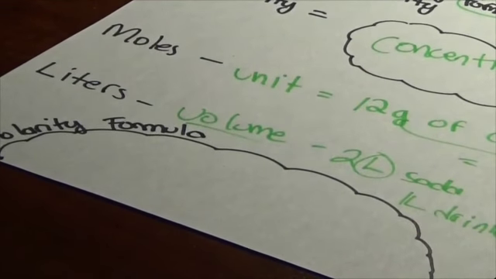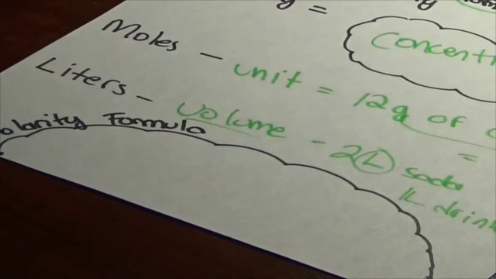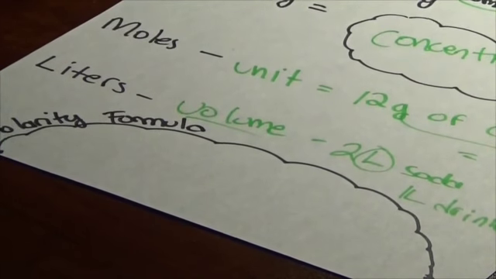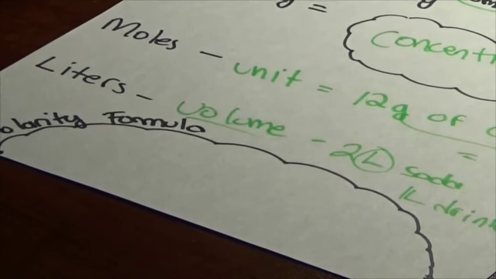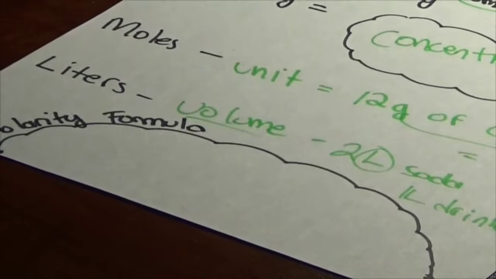Okay, so now we know molarity is basically concentration, which has 2 parts, moles and liters. So now we get to find out how do we put moles and liters together to find molarity, and it's a really simple formula. So the formula is going to go like this.